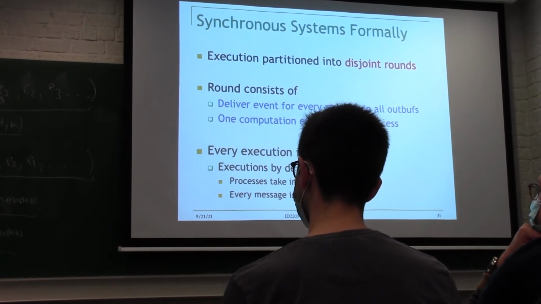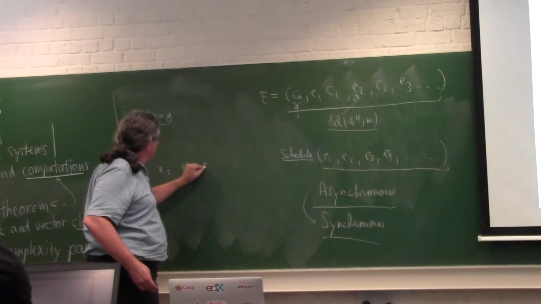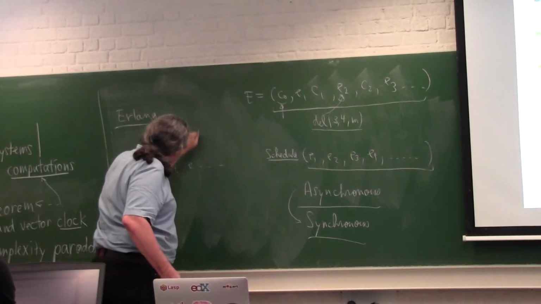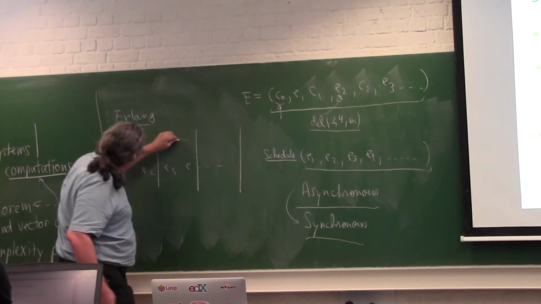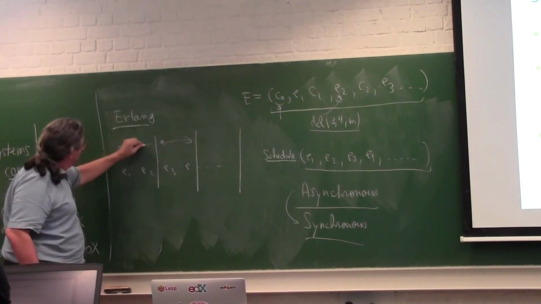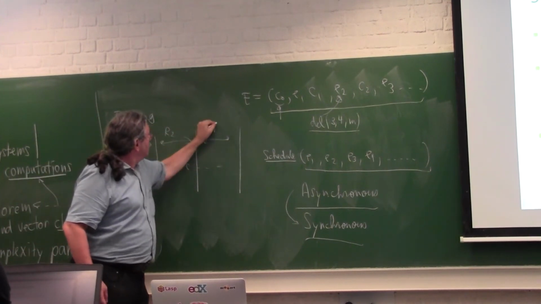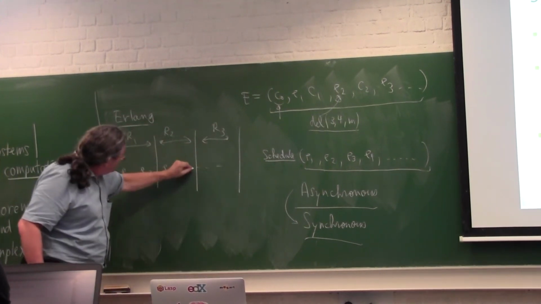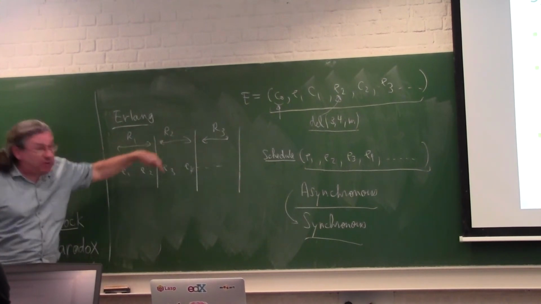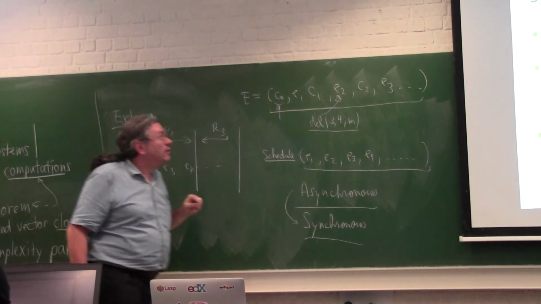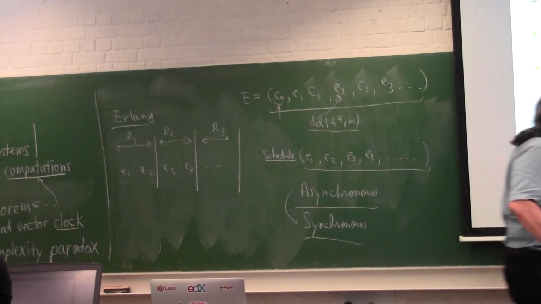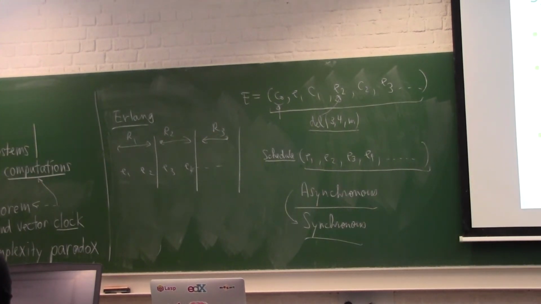I have a schedule, E1, E2, E3. So for rounds, we make partitions, and we say in each of these partitions, so this is round 1, round 2, round 3, there's a certain set of rules of what is supposed to happen in here. That means a delivery event for every message in all outbuffs.